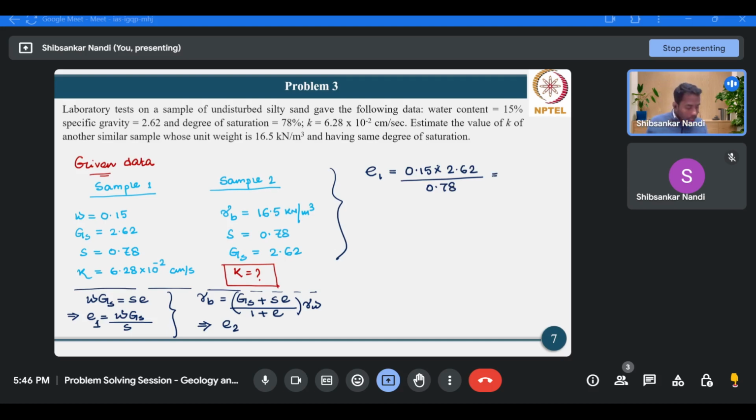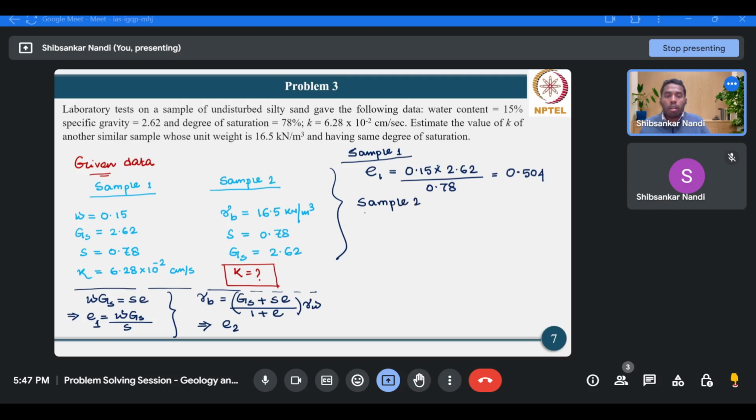If you calculate, this value would become 0.504. So this is for sample 1. The void ratio of sample 1 is 0.504.